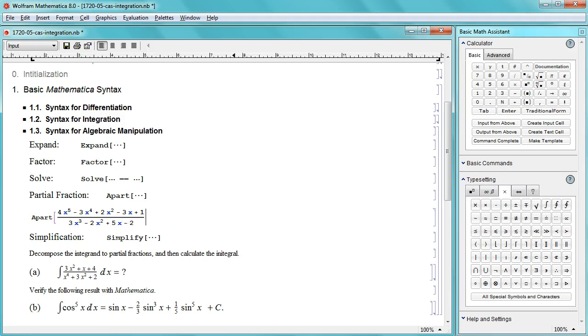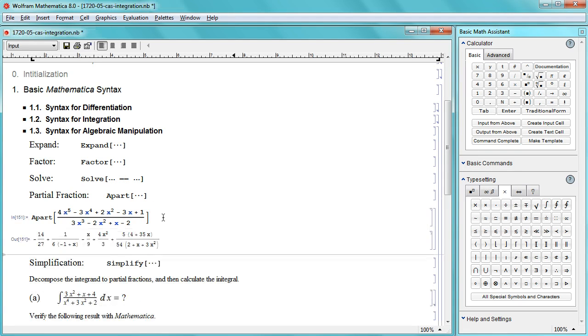Will it work? Minus 4. Let's make it like this. I think this will work. And then, well, it produced the decomposition by partial fractions, kind of like this. Mathematica uses its own order of writing, so it's a little bit difficult to understand. Let me expand the font a little bit.